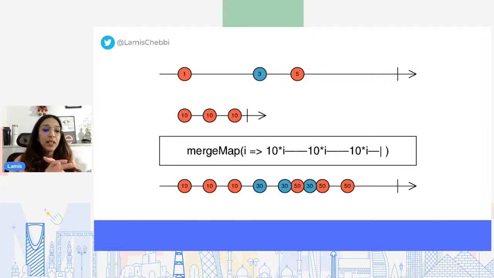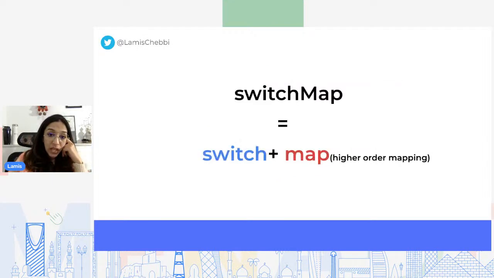This is the marble diagram of the merge map. Here we are just combining the merge strategy and executing the calculation function, and the values are emitted as output as soon as they come.